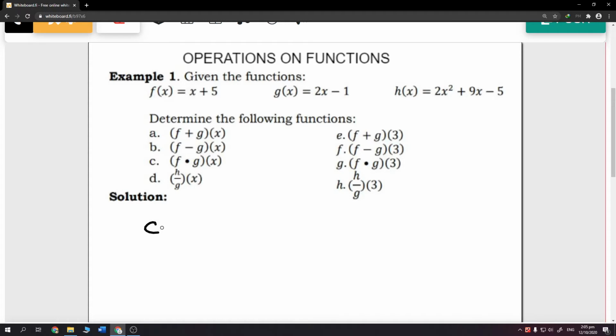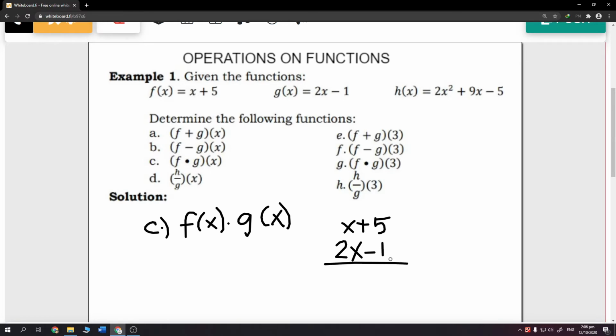Letter C, f(x) times g(x). Our f(x) is x plus 5, and our g(x) is 2x minus 1. We will multiply this. We start from here: 2x times x is 2x squared.